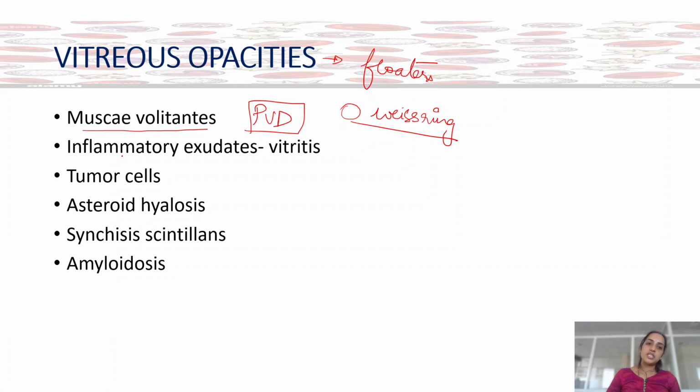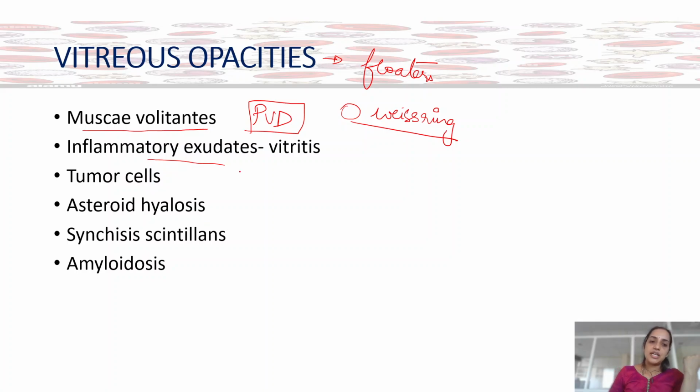The next cause of vitreous opacity is inflammatory exudates that is seen in vitritis. Vitritis is not an independent condition. It may be secondary to pars planitis, retinitis or retinal vasculitis. The next common cause of vitreous opacity is tumor cells, which is usually associated with a tumor present in the retina, which is exuding tumor cells within the vitreous.